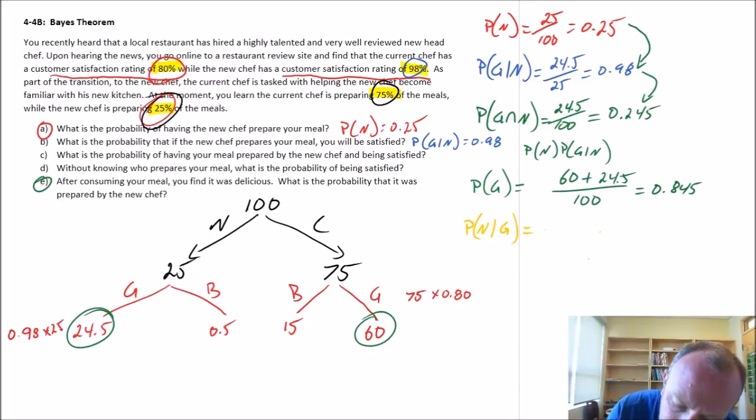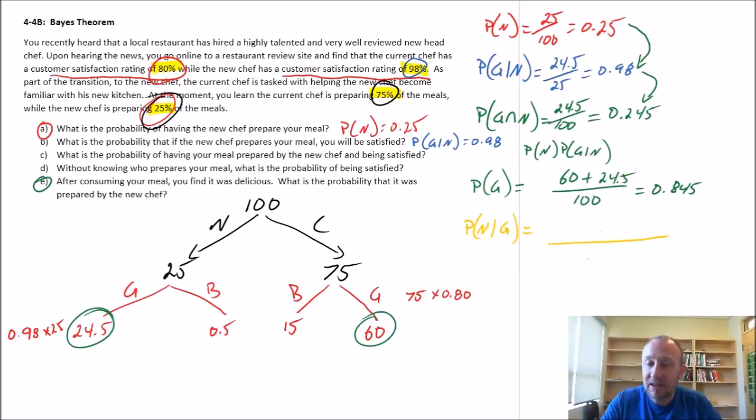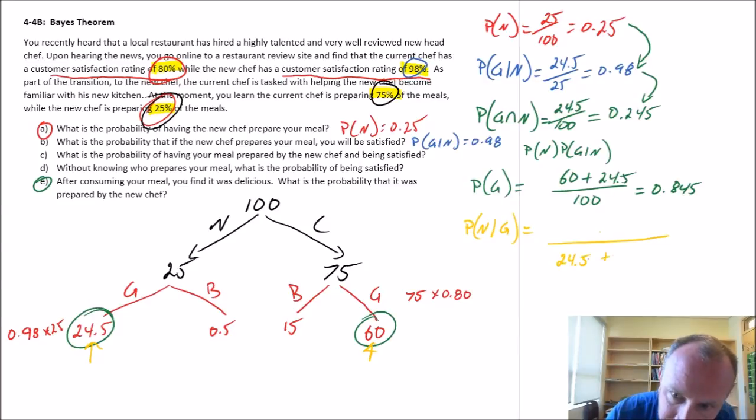So what we need to do is first figure out how many meals are good, and what's the percentage of those good meals that were produced by the new chef. So in this exercise, we've already calculated these values, right? And I already know that the total number of good meals that are produced are 24.5 plus 60.